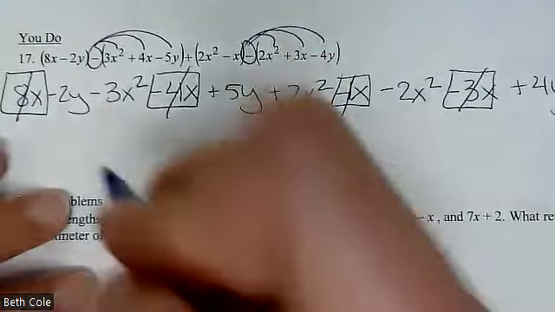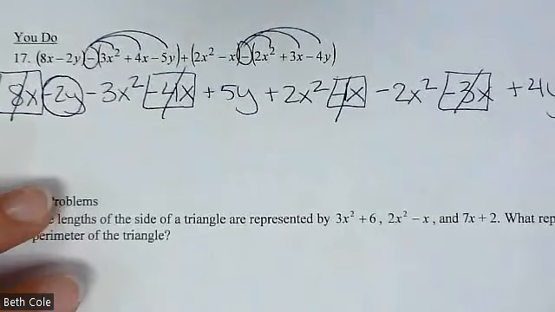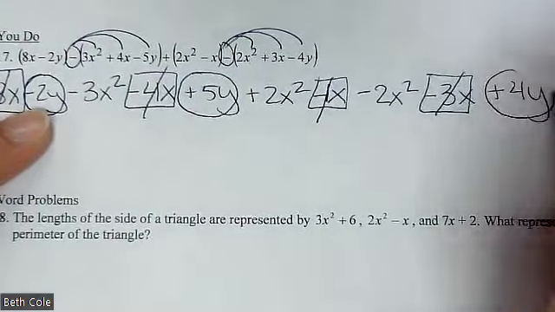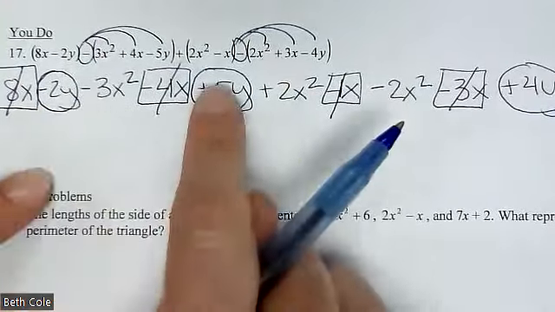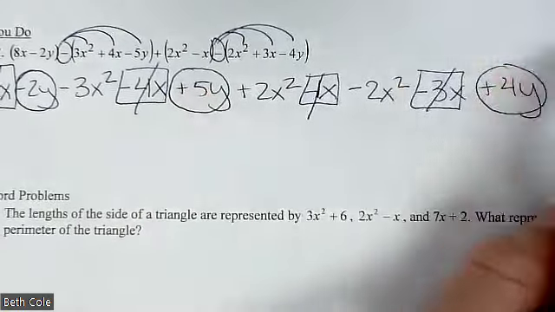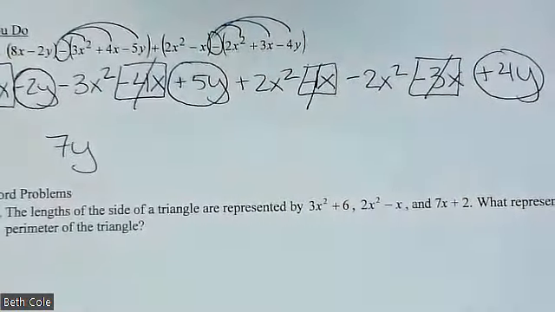All right. Now let's add up the y's. We have -2y. Do you see another just plain y? Yeah, we got 5y. And then 4y. All right, let's add those up. -2 plus 5 is 3, plus 4 is 7. So 7y.